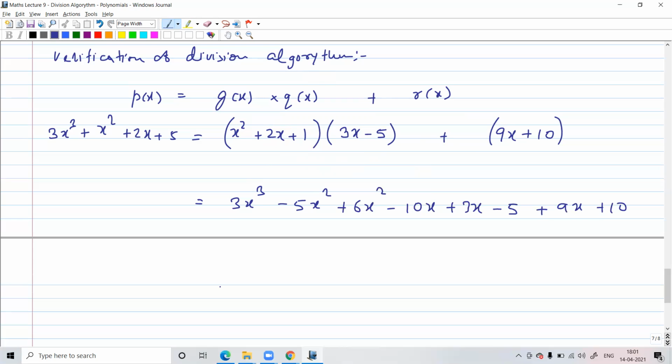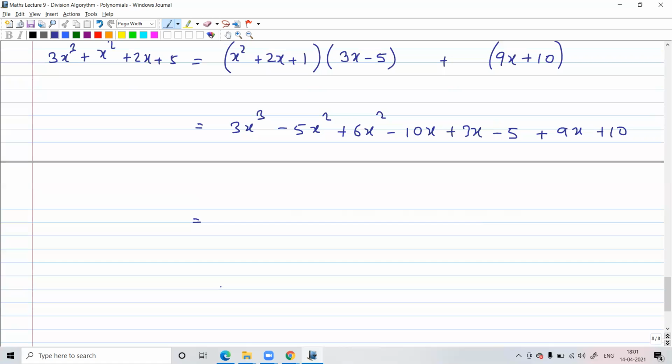So simplify it. What do we get? There is no other x cube term, so that will be 3x cube only. We have a few x square terms. So this one is x square, this is also x square. This becomes 6x square minus 5x square, that becomes x square, correct? And then x terms.